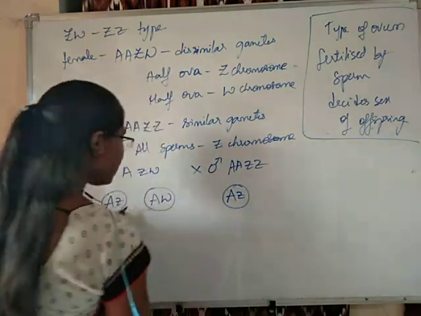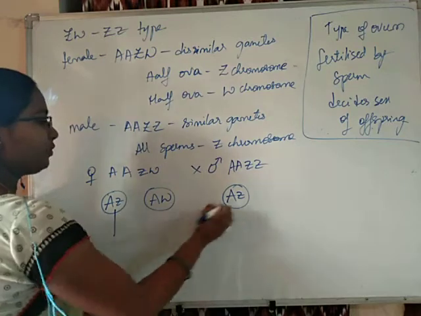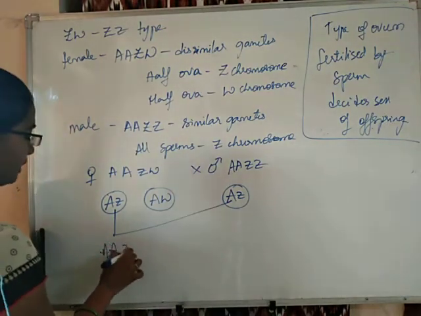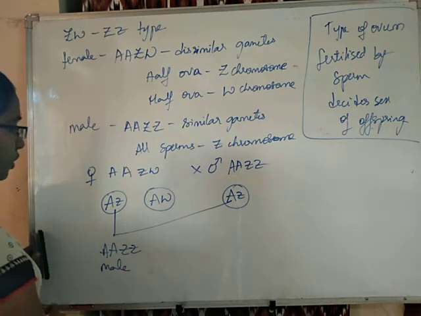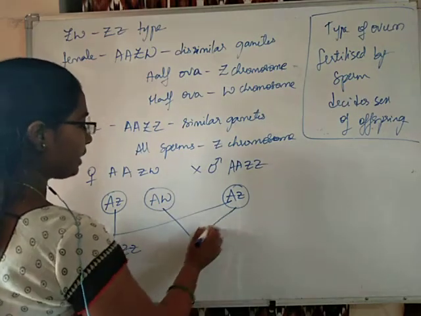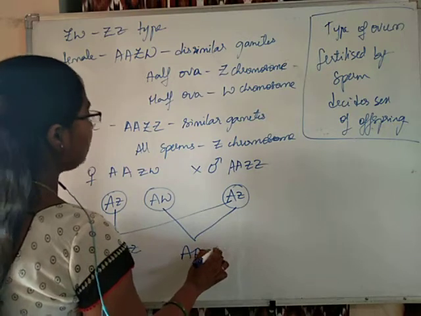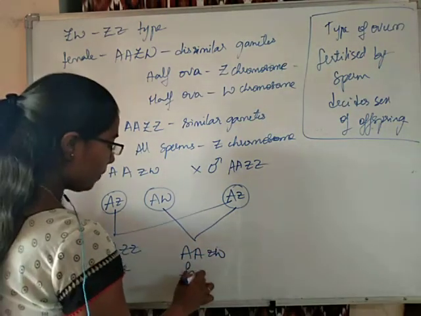Now, depending upon the type of ovum fertilized by the sperm, if an AZ ovum is fertilized by the AZ sperm, then it would be AAZZ. This individual will be a male. If an AW ovum is fertilized by an AZ sperm, then it would be AAZW. So, this individual will be a female.